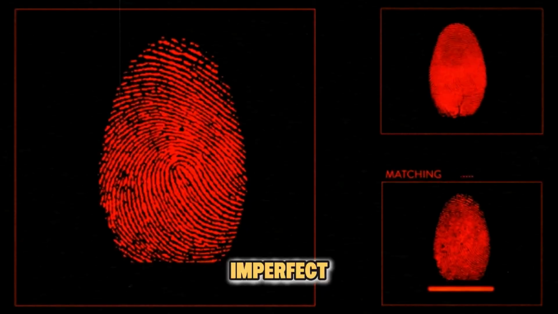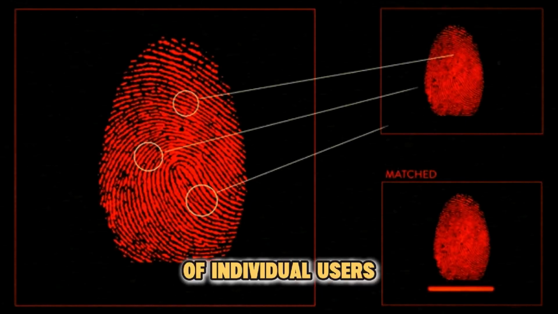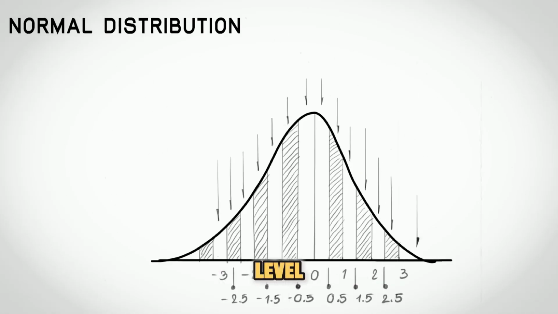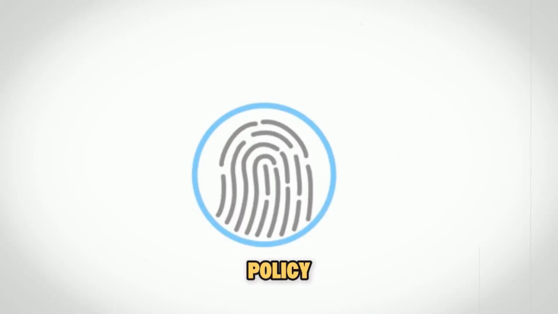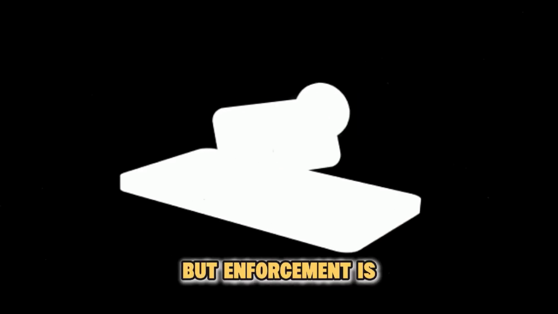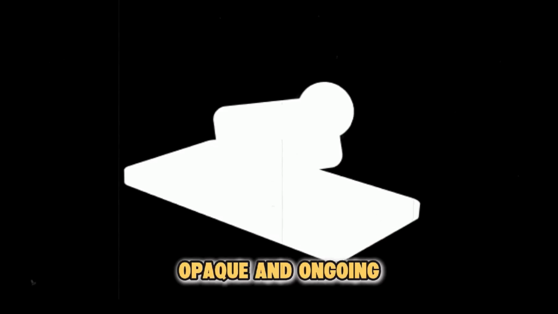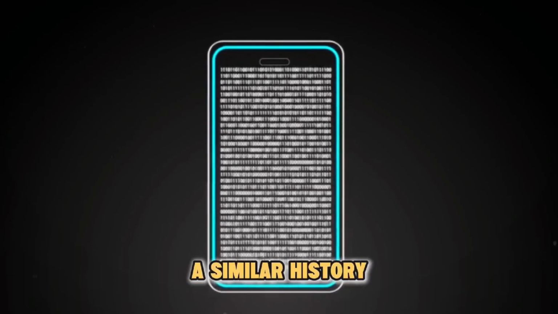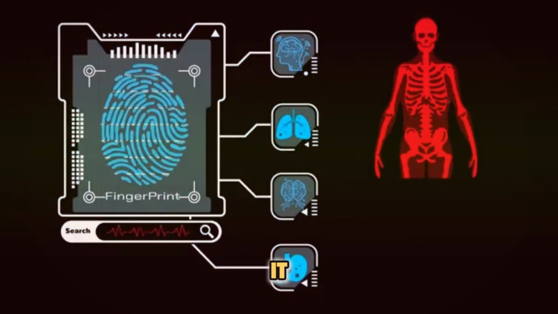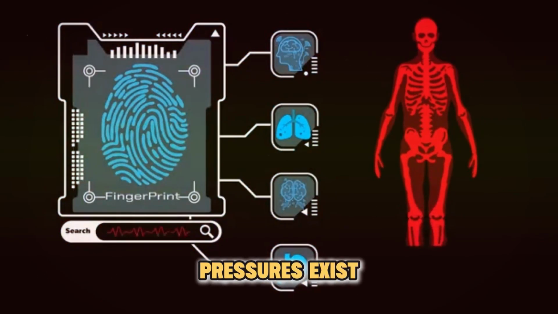The technique is imperfect at the scale of individual users, but accurate enough for advertising attribution at the aggregate level. Apple has issued policy guidance that forbids fingerprinting under their App Store rules, but enforcement is opaque and ongoing. Android's advertising ID has a similar history. Users can reset or disable it, but the same fingerprinting pressures exist.